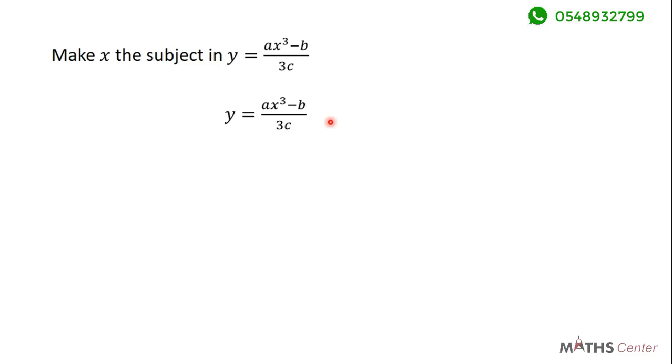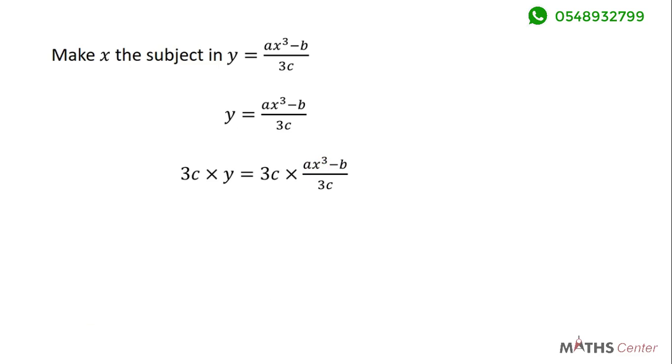We multiply both sides of the equation by the LCM of the denominators. The only denominator we have is 3c. So we will multiply each term by the denominator, which is 3c. We multiply the left hand side by 3c and the right hand side by 3c. So we have 3c times y is equal to 3c times ax exponent 3 minus b.